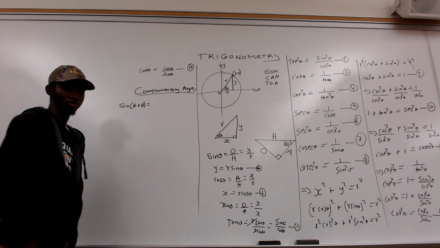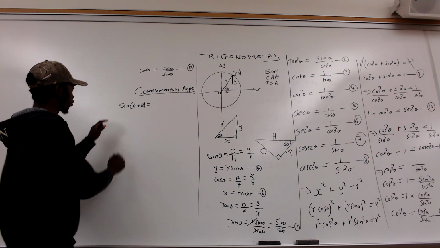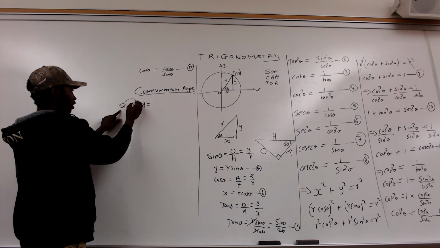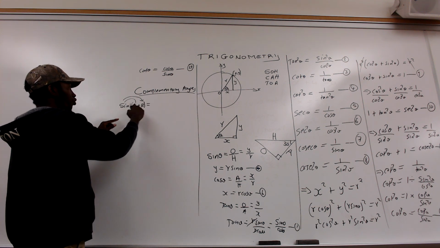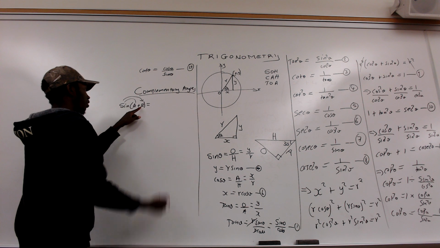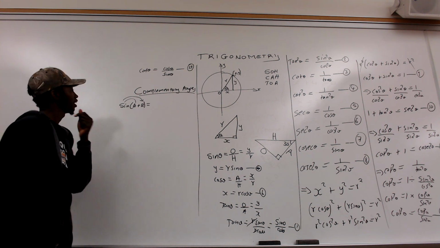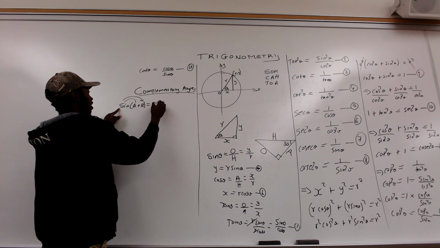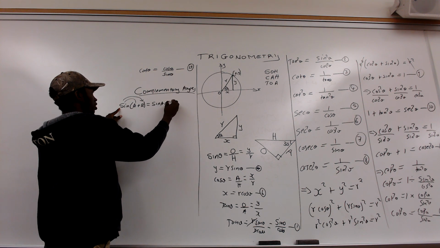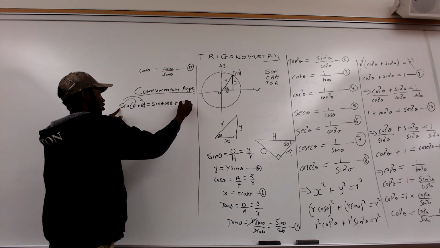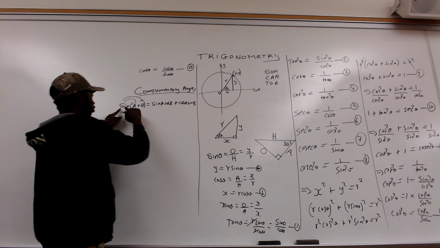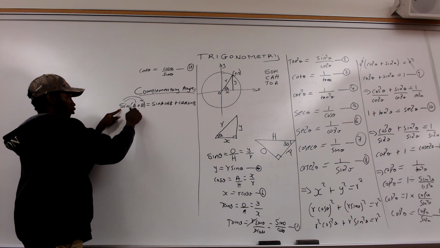In simple form, it is going to be sine of the first letter with cos of the second letter, after that, cos of the first letter and sine of the second letter. That is sine A cos B plus cos A sine B.